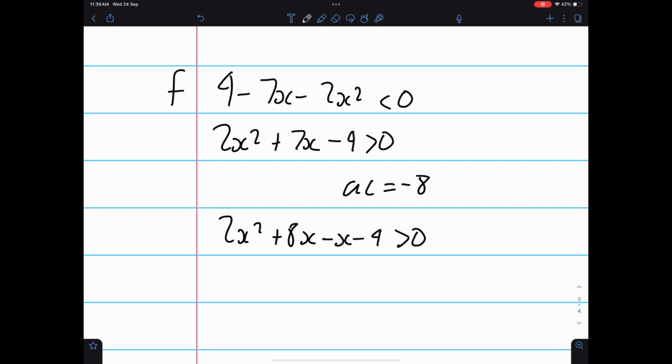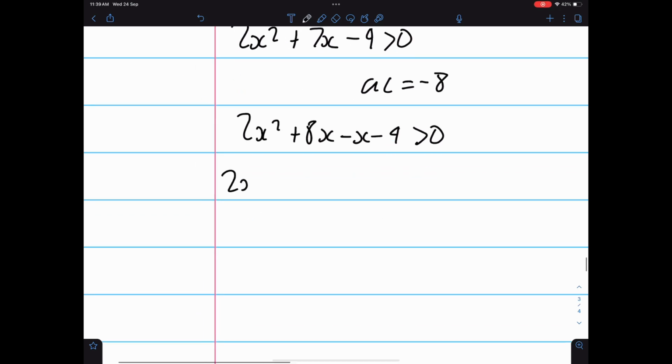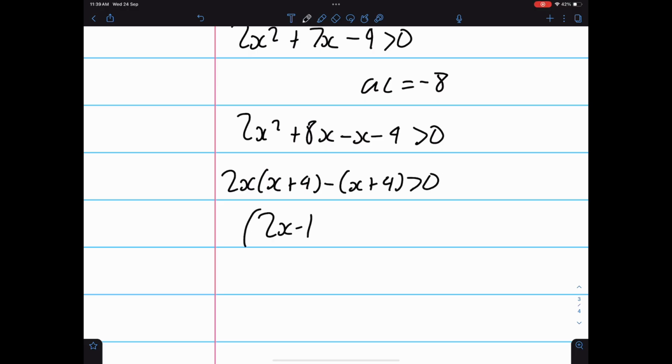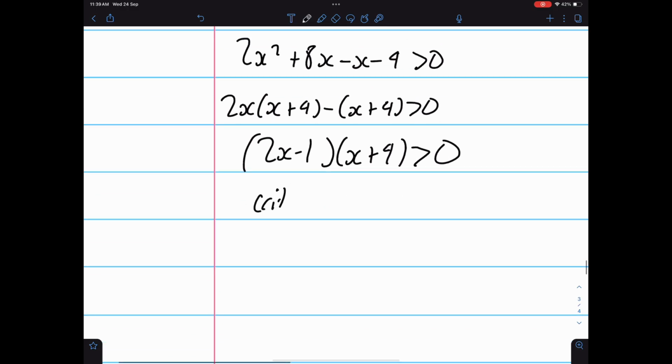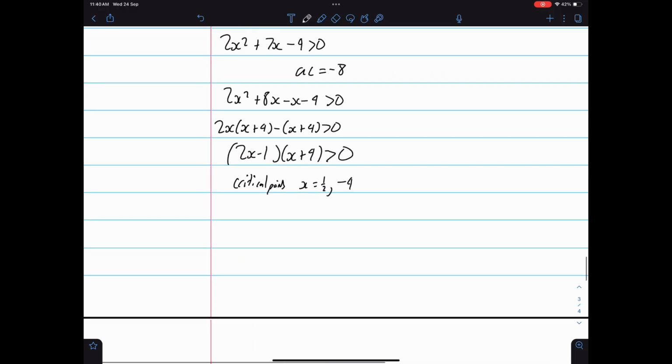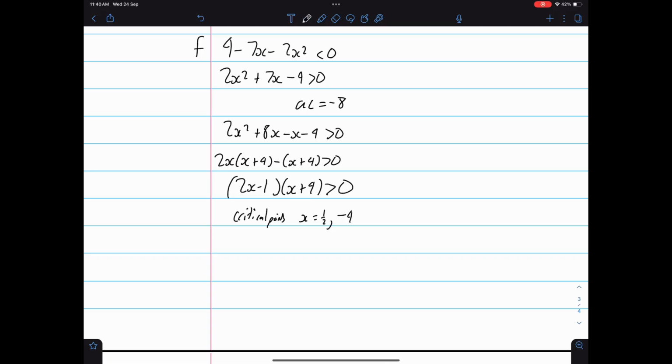Factorize. So critical points, x equals half or minus 4. And in this situation, we're going greater than 0.